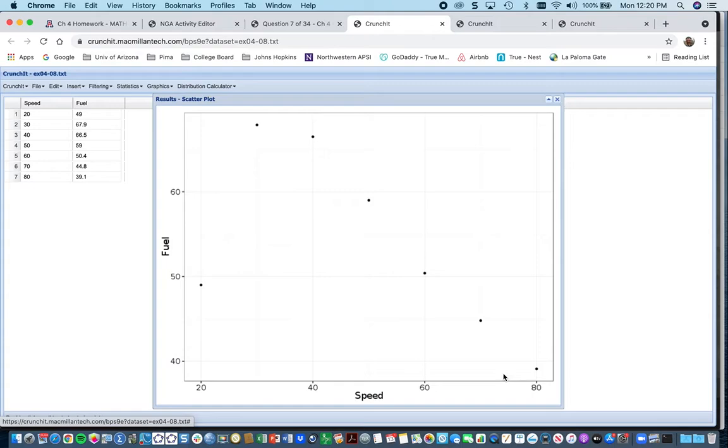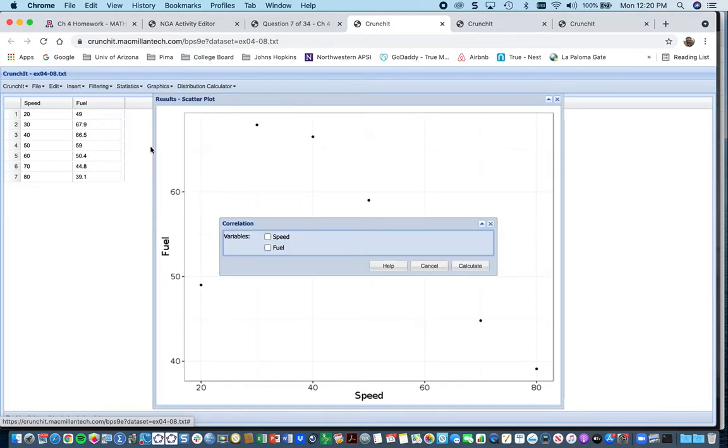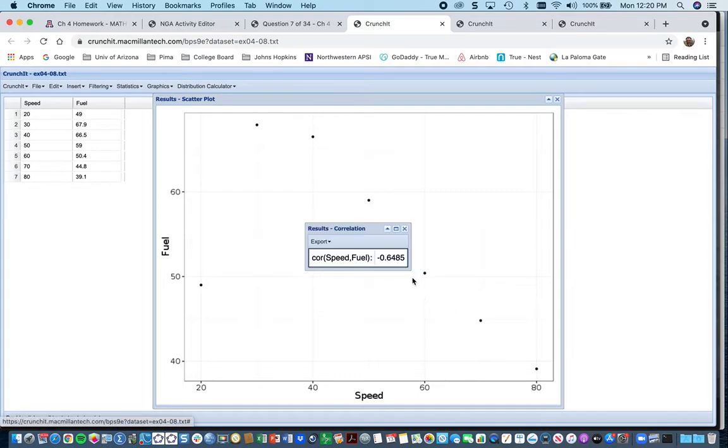Now, if you want to find the correlation coefficient here, we go over to statistics and we go down to correlation. I want the correlation between speed and fuel economy, and then calculate. It tells me that that correlation coefficient is about negative 0.64. So it's a relatively weak negative association.